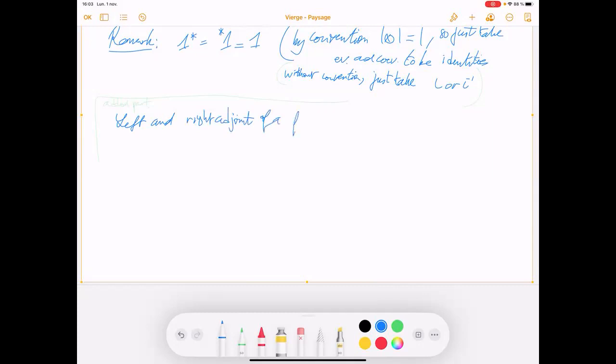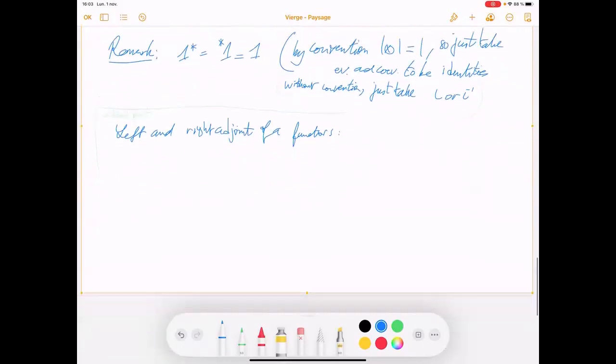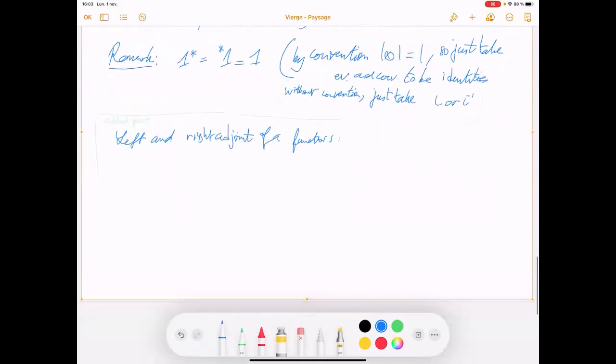The idea is that the left and right adjoint will be a particular case of left and right dual applied to the monoidal category of endofunctors of a category. The left and right dual there will be exactly the left and right adjoint. But what is the left and right adjoint of a functor?